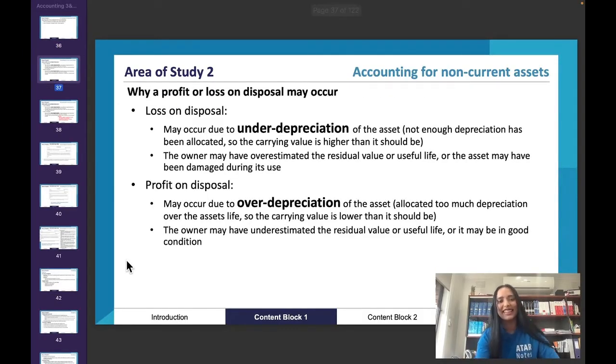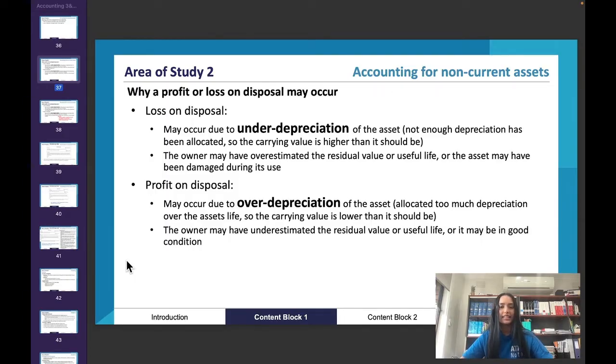Okay, moving on. A loss and a profit on disposal doesn't just happen for no reason. It's actually linked to how the business calculates its depreciation. So, when a loss on disposal occurs, that means that the business has under depreciated that non current asset.